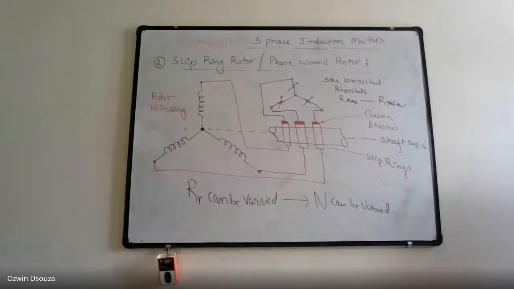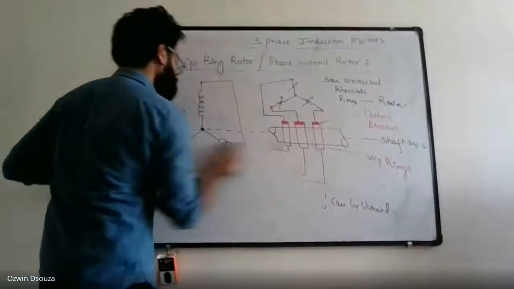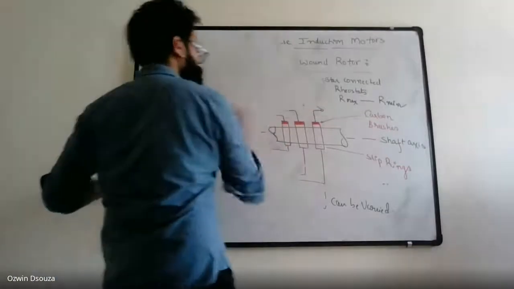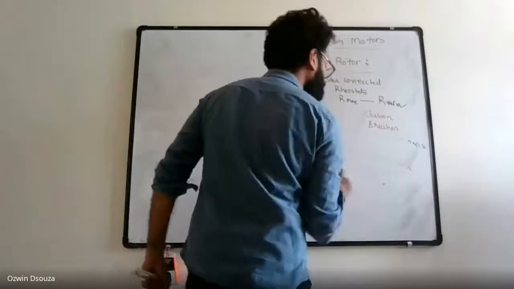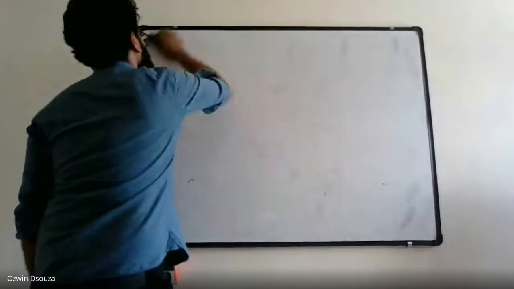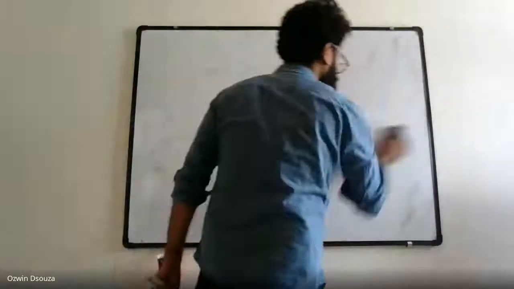So that completes the construction of slip ring induction motor and squirrel cage induction motor. Very, very important. They can ask the construction in exam for 6 to 8 marks.